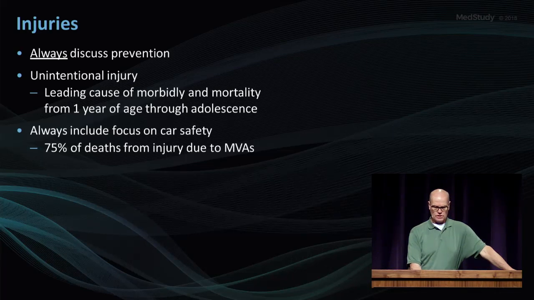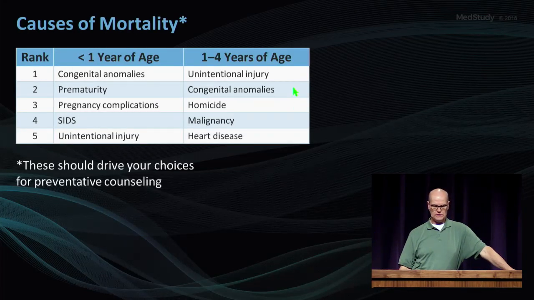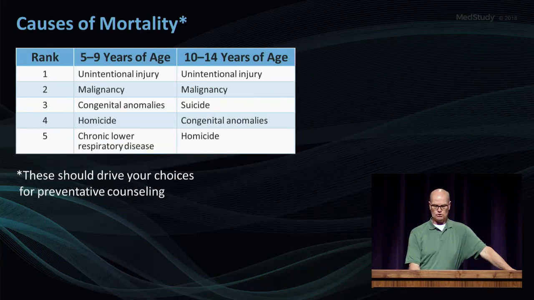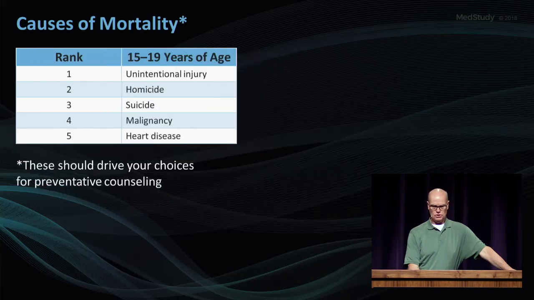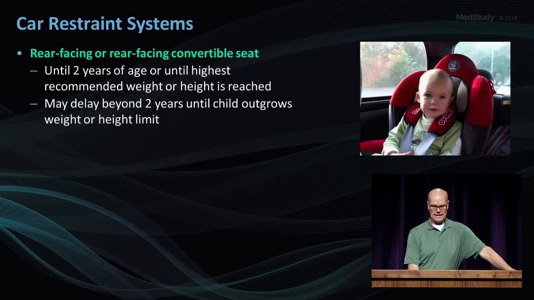Always include a focus on car safety for obvious reasons, and the list is here in case you're asked, and it moves right up into unintentional injury starting at 1 year of age. And this was the most common among the adolescent group. It remains most common throughout childhood into adolescence. So be sure to keep that in mind in case you were to be asked.